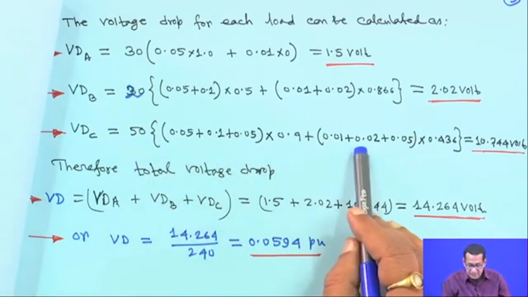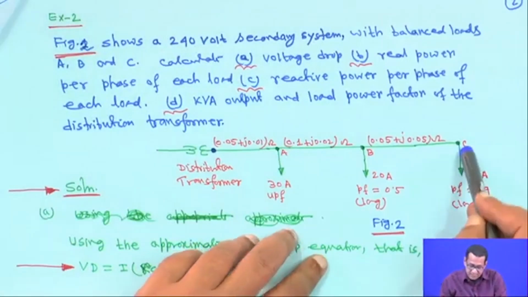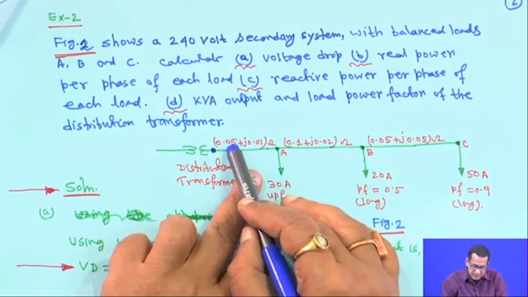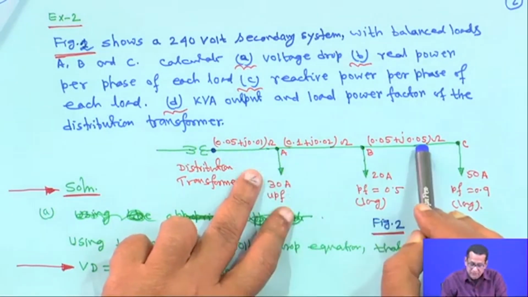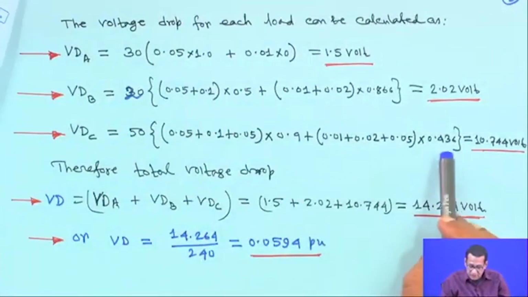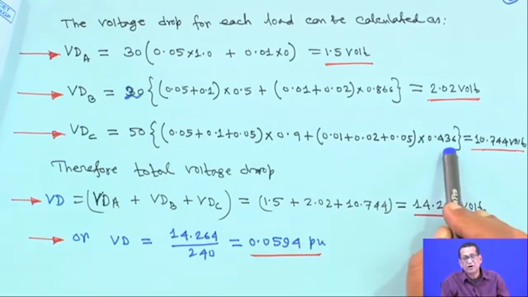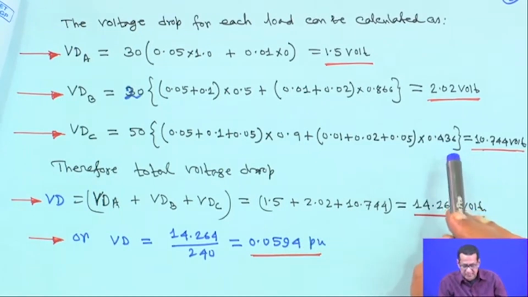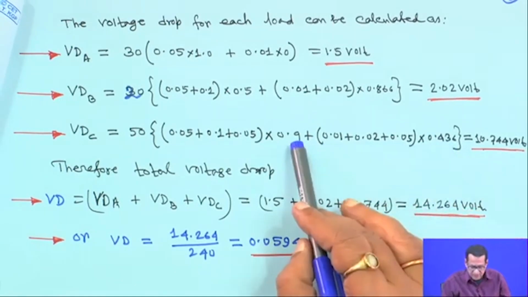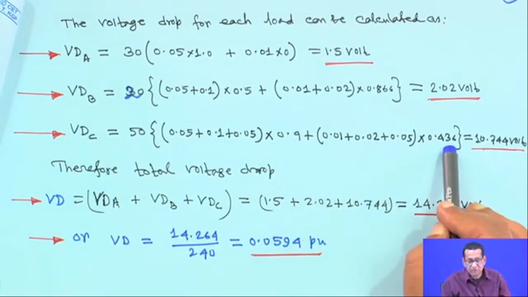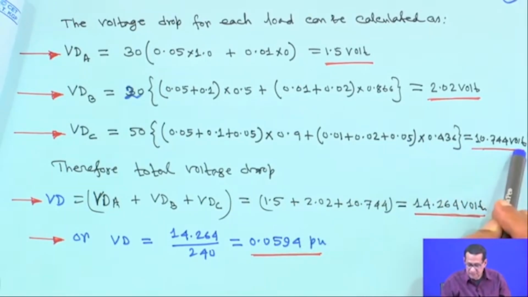Then similarly x1 plus x2 plus x3, 0.01 plus 0.02 plus 0.05, into sin theta. With cos theta 0.9, sin theta becomes 0.436. I am not calculating it here, but the power factor is given. So that is 10.744 volt.